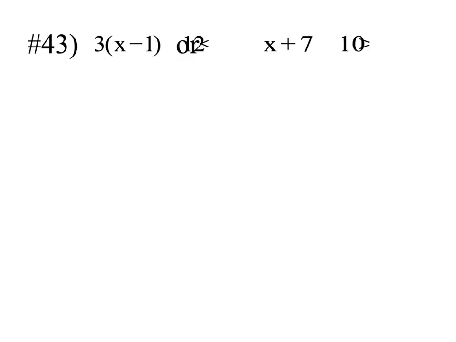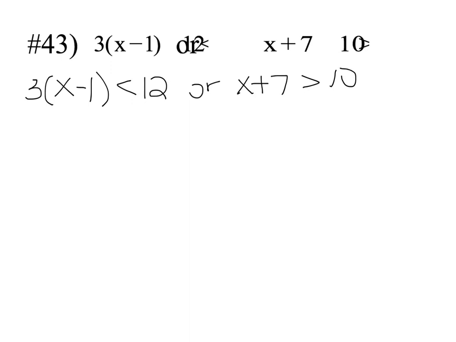Alright, and then 43, our last one here says we have 3 times the quantity x minus 1 is less than 12, or x plus 7 is greater than 10. So we're going to do a little bit of solving here.